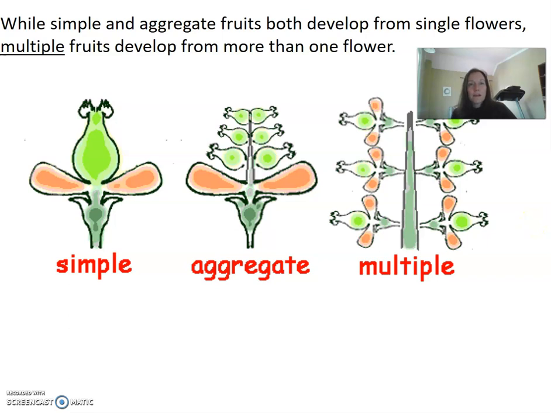While simple and aggregate fruits both develop from single flowers, multiple fruits develop from more than one flower. So this shows it nicely that we can have a simple fruit coming from the flower on the left, where even if we have some multiple stigmas, they're all leading to one ovary.